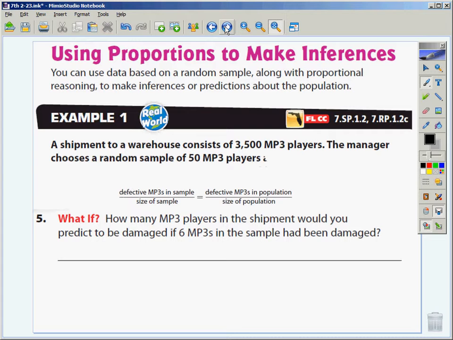So, how many MP3 players in the shipment would you predict to be damaged if 6 MP3 players in the sample had been damaged? So, 3,500 is the size of the population. What was the size of the sample? 50.